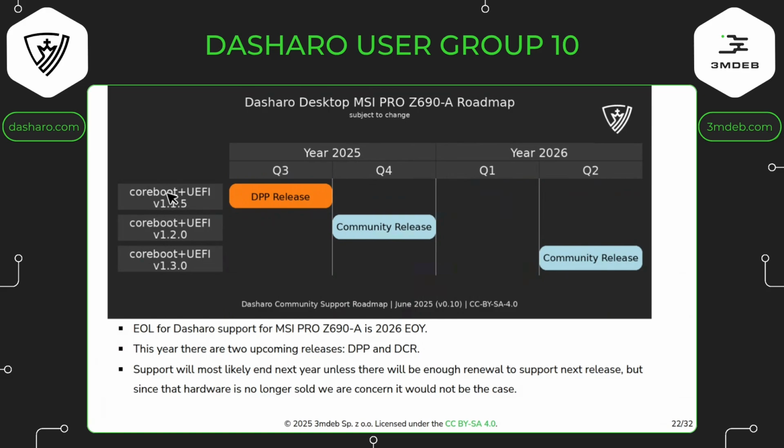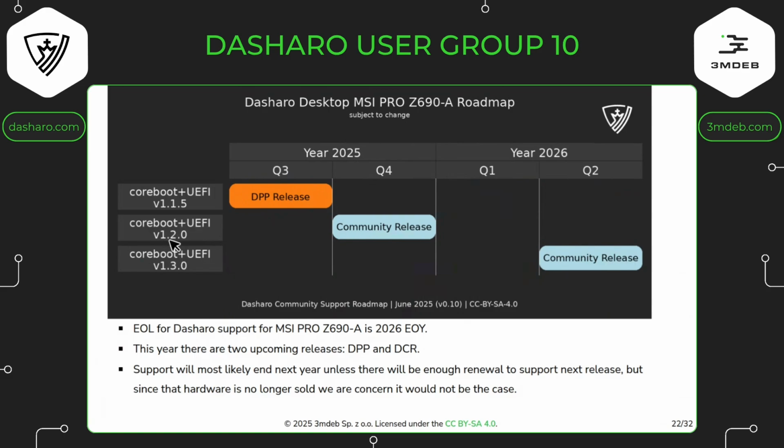There are some features that we would like to introduce. I guess definitely capsule update, and maybe some other stuff. There's a bunch of features that the Dasharo branch already has, and when we do this Pro package release, we will gain all those features.